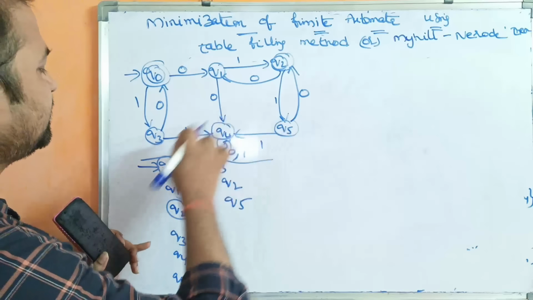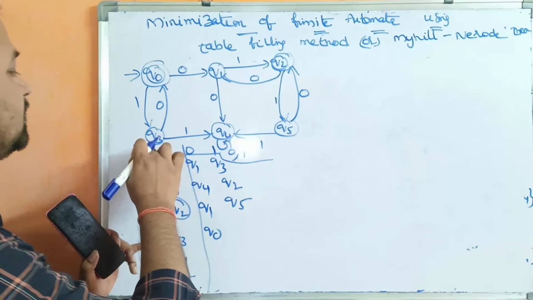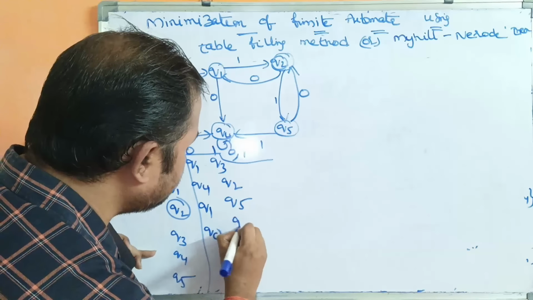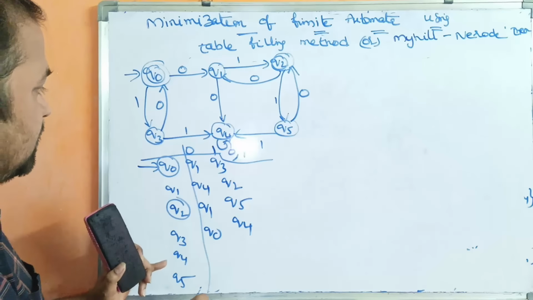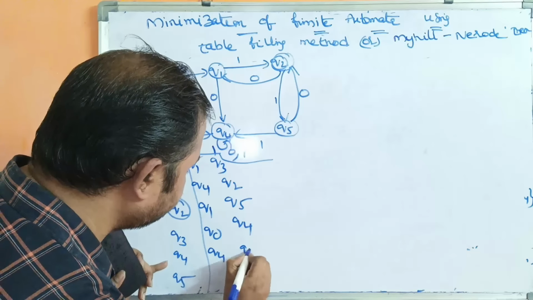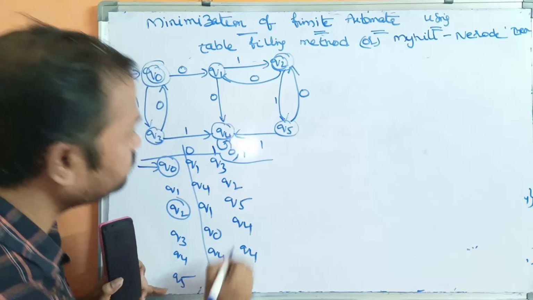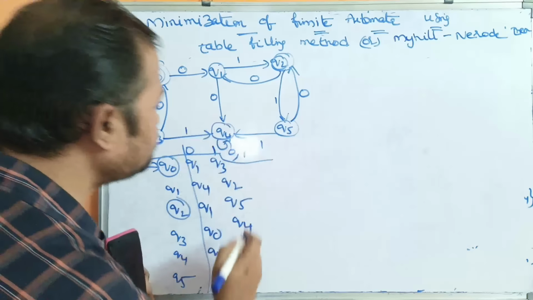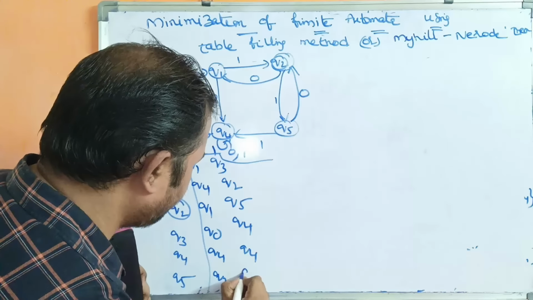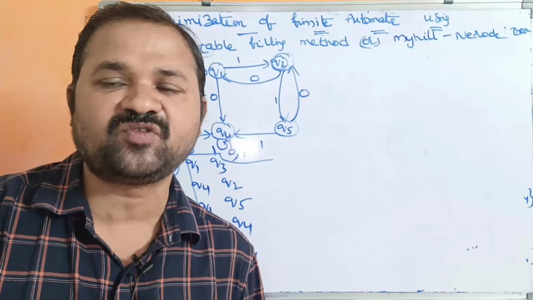Q3 on 0 goes to Q0. Q3 on 1 goes to Q4. Q4 on 0 and 1 goes to Q4 only. Q5 on 0 goes to Q2. Q5 on 1 goes to Q4. So the transition table construction is over.